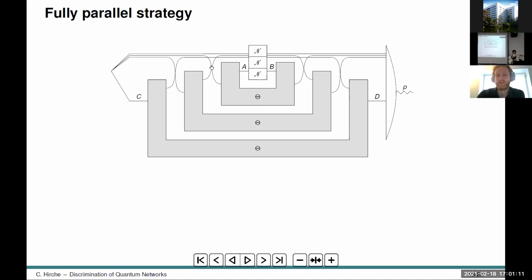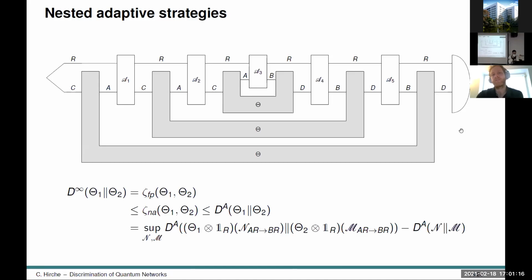And now this approach gives rise to a new type of adaptive strategies, which I call nested adaptive strategies, where we concatenate the channels, or the networks, in some way, and allow for all these intermediate adaptive CPTP maps.